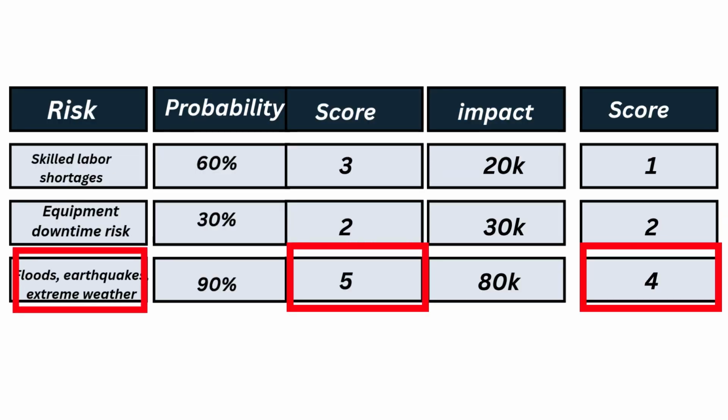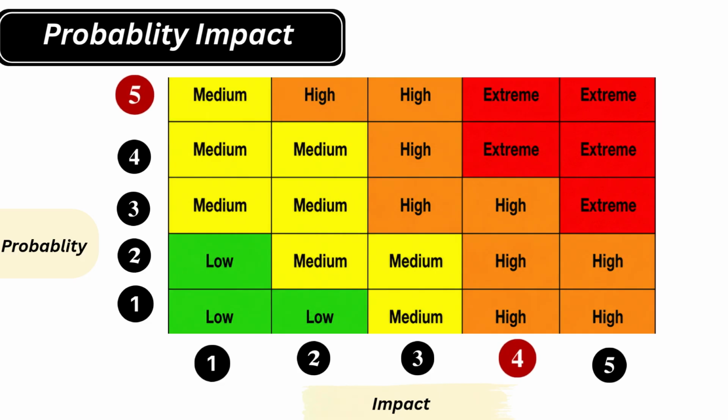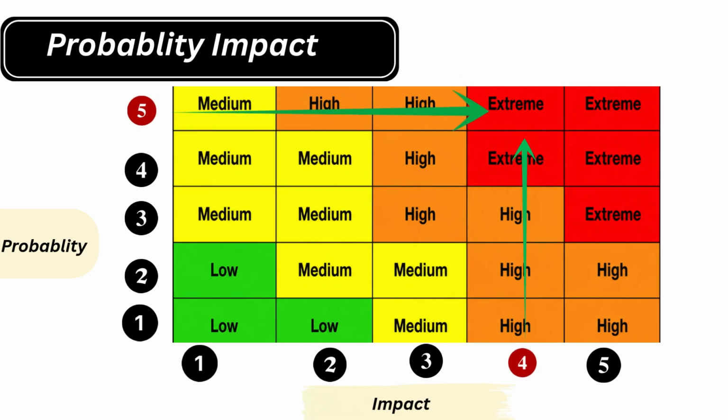It's time to find the quality of the last and third risk, flood, earthquakes and extreme weather conditions. For this, the probability score is 5 and the impact score is 4. If probability is 5 and impact we count 4, these two meet at the extreme, that is very high. So the quality of this risk is very high.